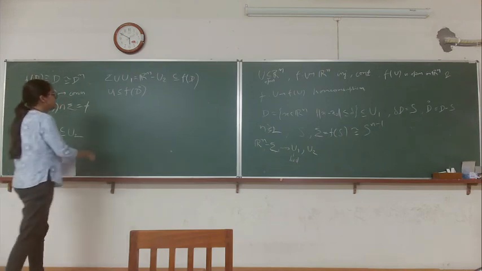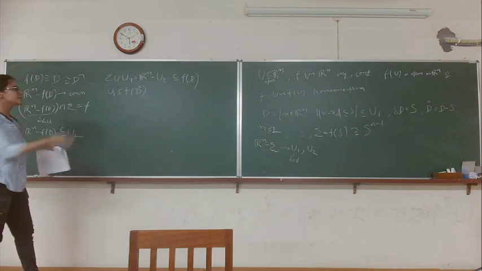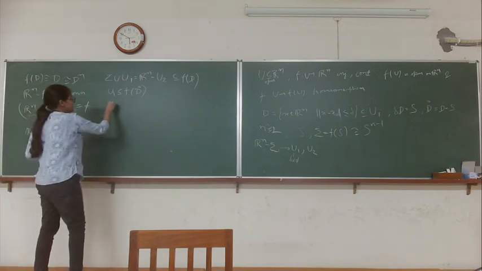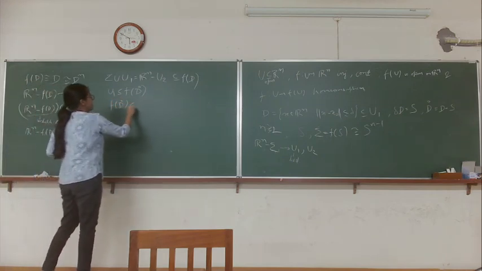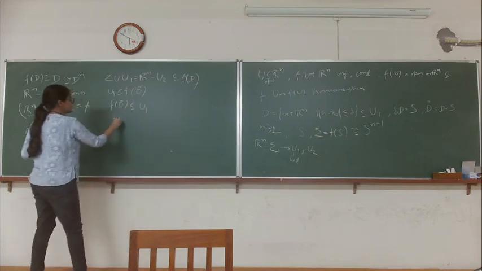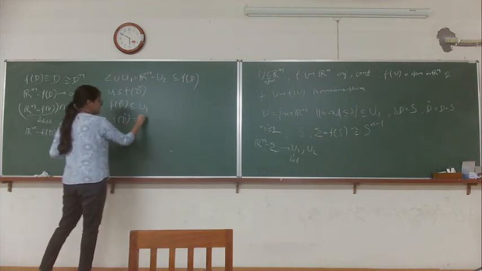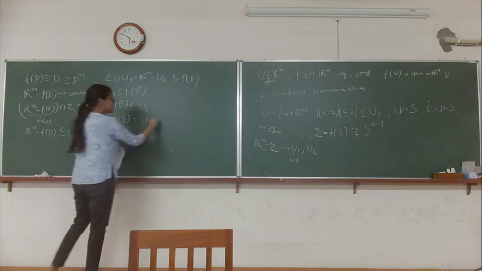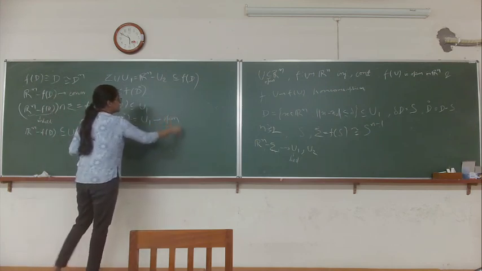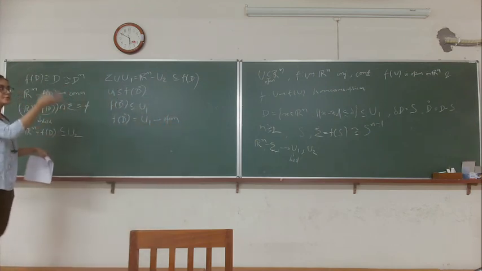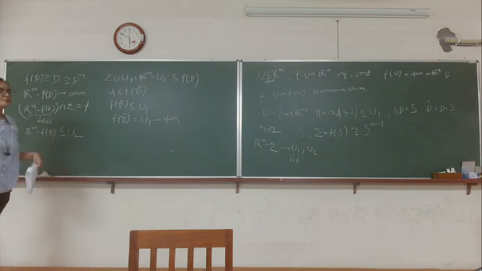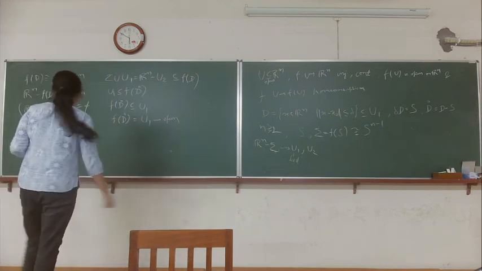Hence F(D naught), which is a subset of U1 union U2, has to be contained in U1. So basically we get the reverse inclusion. So from these two we conclude that F(D naught) is exactly equal to U1, which is open. So we have finally proved that F(D naught) is open, which we require to prove that F(U) is open. Thus we are done with this theorem.